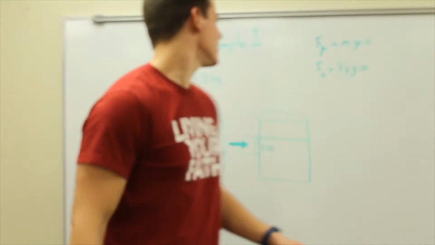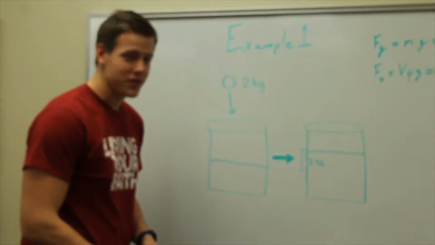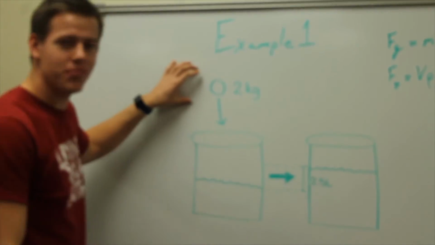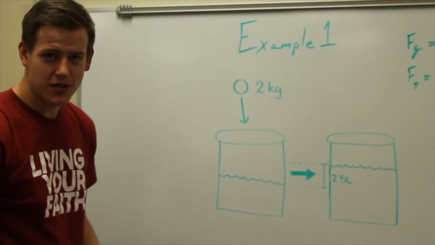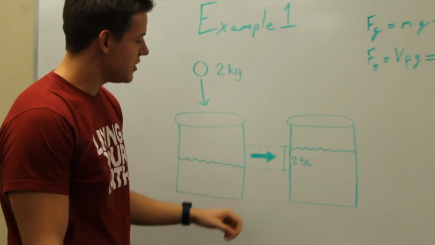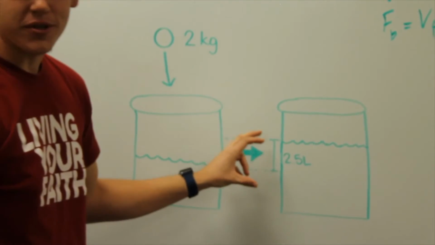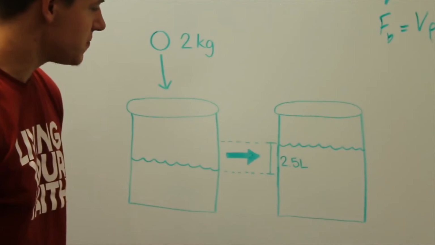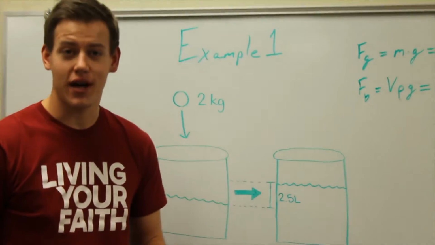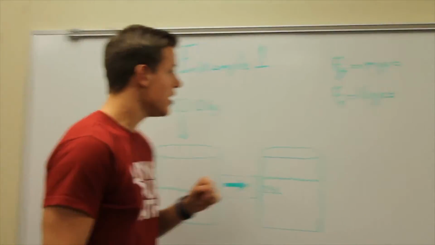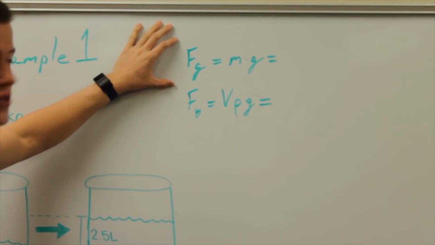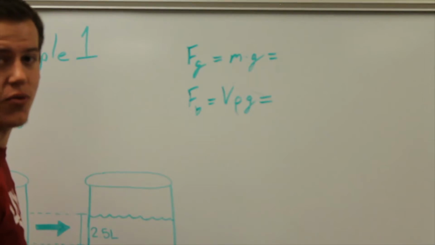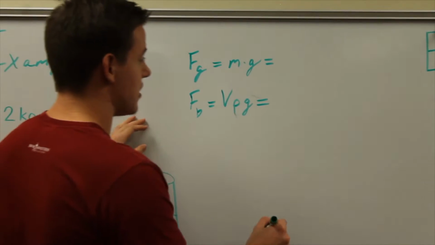And we're back. So, in our first example here, we have a hollow metal ball, and we're putting it into a bucket of water. When we put it into the bucket of water, we see that the volume increases by 2.5 liters. Now what we want to know is whether or not this metal ball will float. So we come over here, we have our force of gravity equation, which is simply the mass of whatever you're using times the gravity constant.